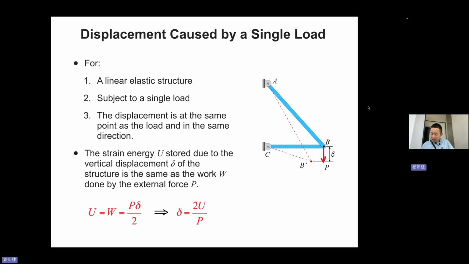Of course, this plot is exaggerated. Actually this dash line should be like that. It's really, really tiny. I drew this just a bit exaggerated.